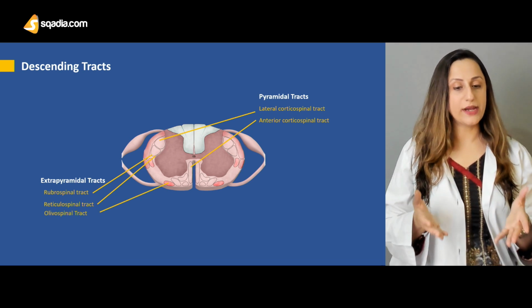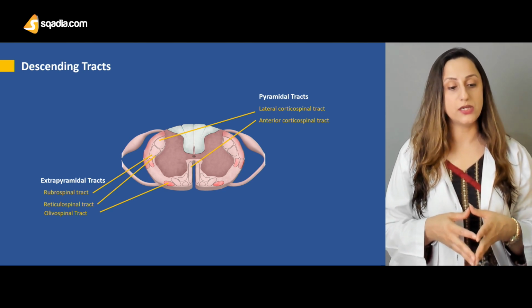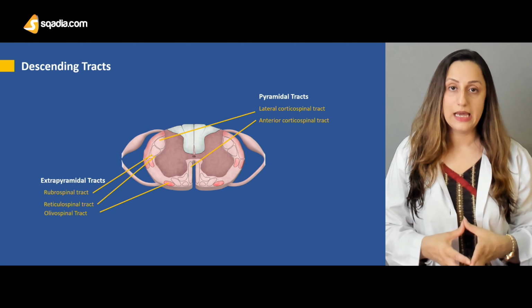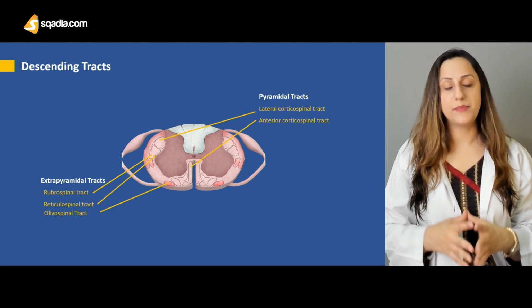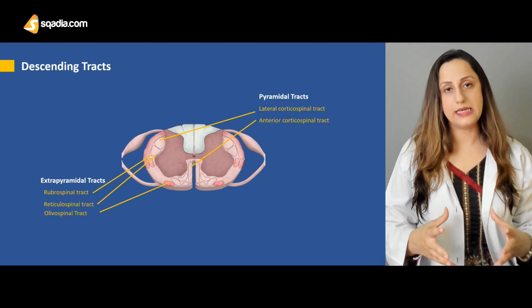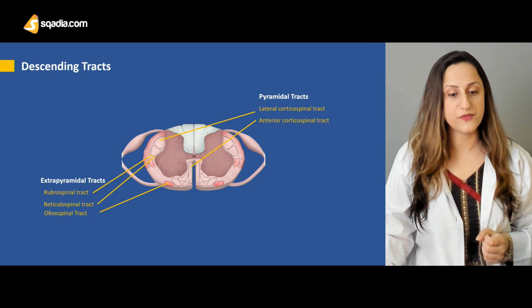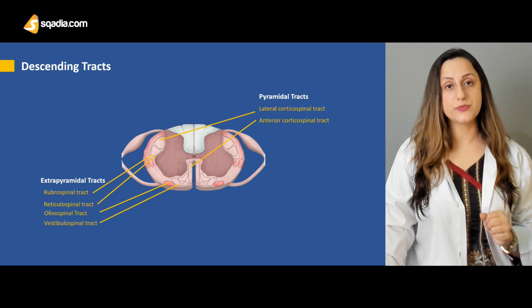If we come a bit more anteriorly, we have another tract which is known as the olivospinal tract. Whether it is present or not is quite doubtful, but it is said to help in the voluntary actions of some set of muscles. And then we have the vestibulospinal tract.